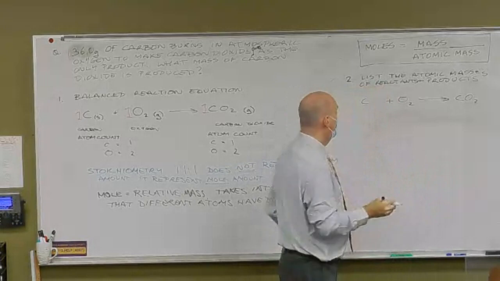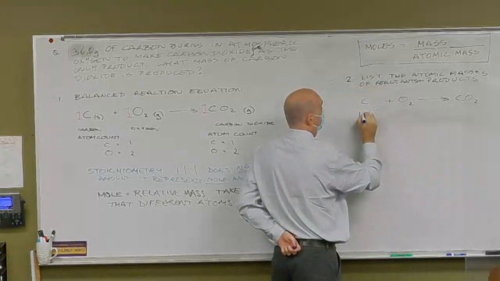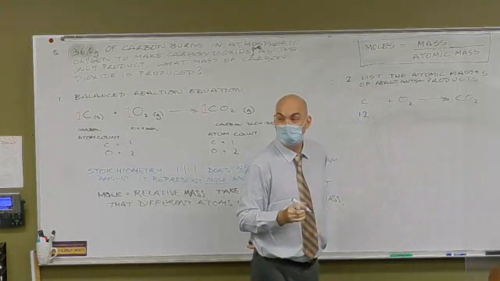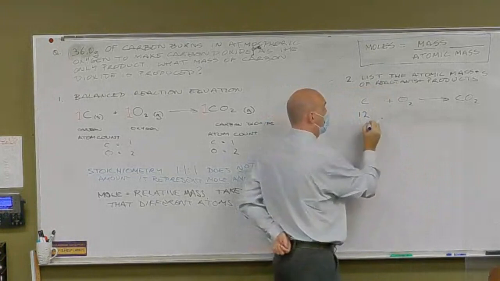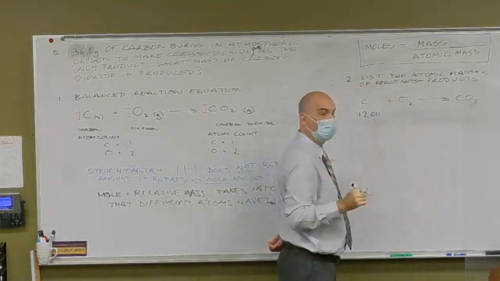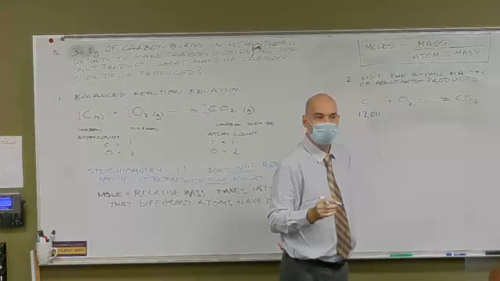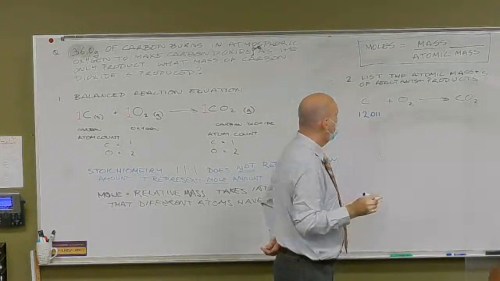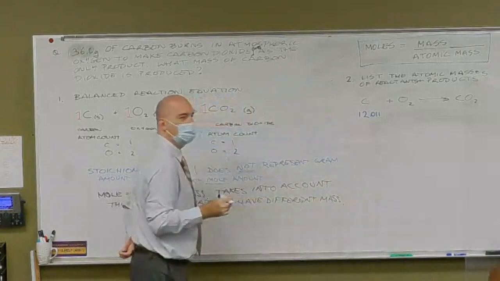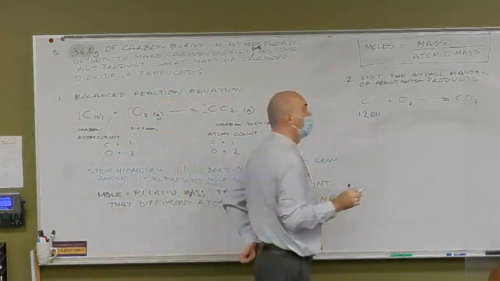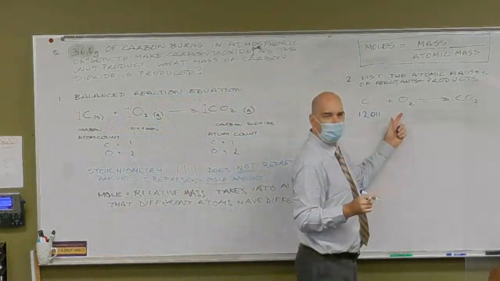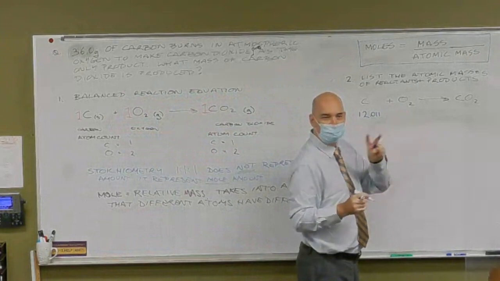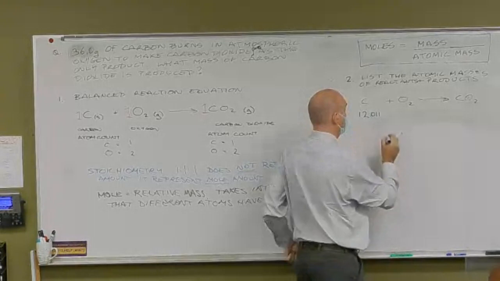I look on the periodic table and I find that carbon has an atomic mass of 12.011. And then oxygen has an atomic mass of 15.994. But I'm not using a single oxygen atom. I'm using two of them stuck together.